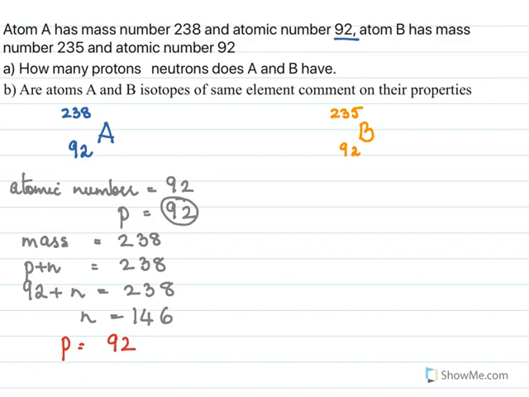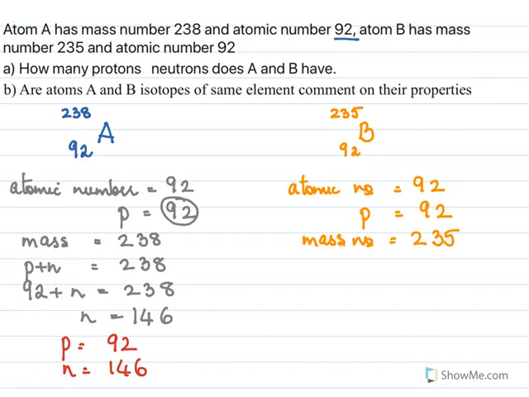Protons 92, neutrons 146. Now for the next one, atomic number equal to 92, and atomic number we know is protons 92, and mass number is 235. Mass is protons plus neutrons, 235.